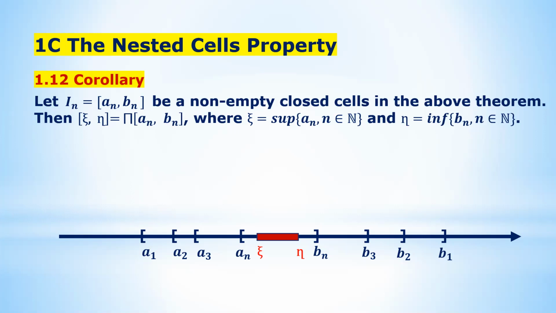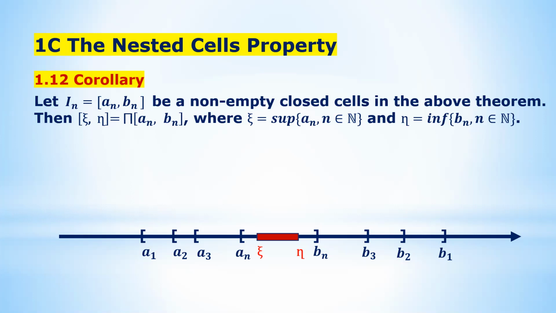So that's basically saying that the length of In approaches 0. With this condition, I want you to show that the intersection consists of only one point. In other words, I want you to show that C is equal to η. Okay, so that's number 4.